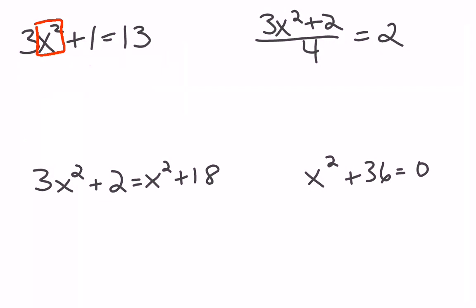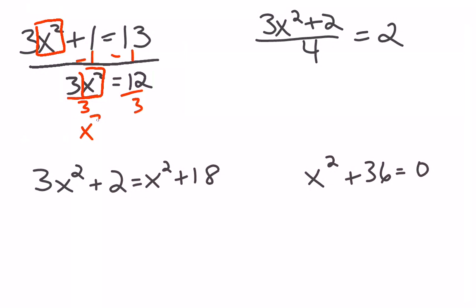So if I need to get that red box by itself, I am going to subtract 1 on both sides, and you're going to do it. So 3x squared equals 12. Find your x squared again and box that up. Now I'm going to divide by 3 on both sides.